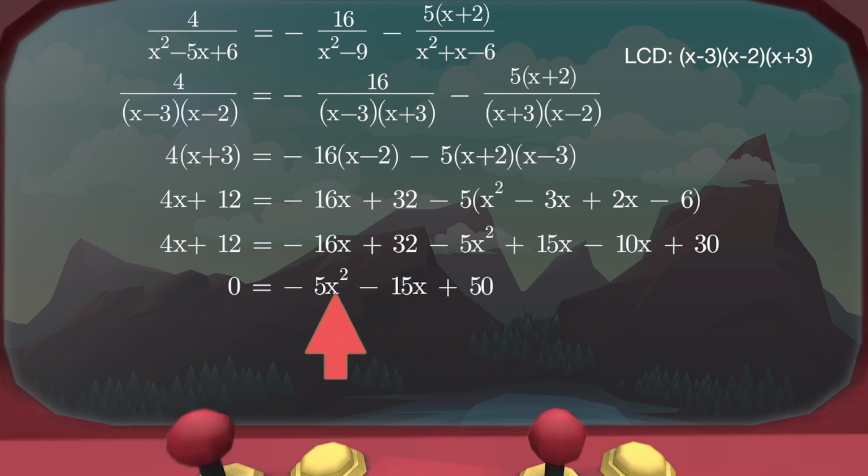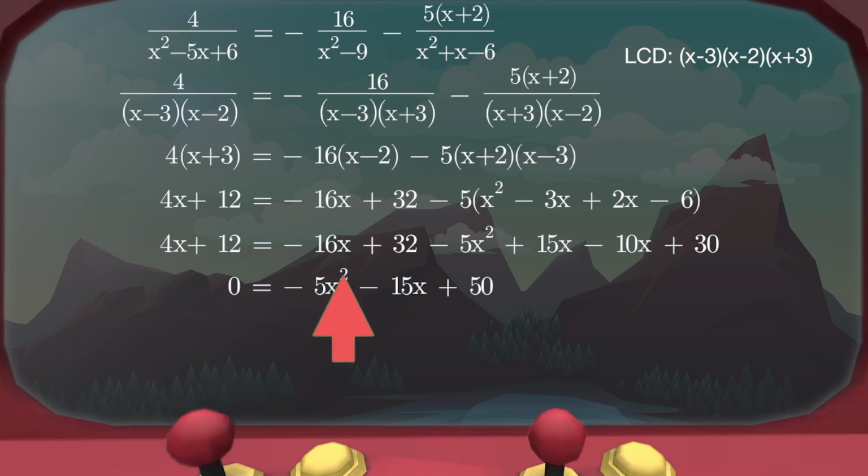And now I can factorize this, but we have a minus 5 in front of the x squared, which makes the factorization way more difficult. So what I can see is that minus 5 is a common factor of all of these terms. So because this is an equation, I can divide all the way through with a minus 5.